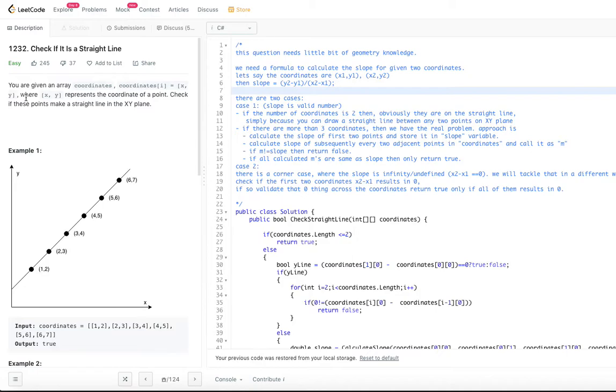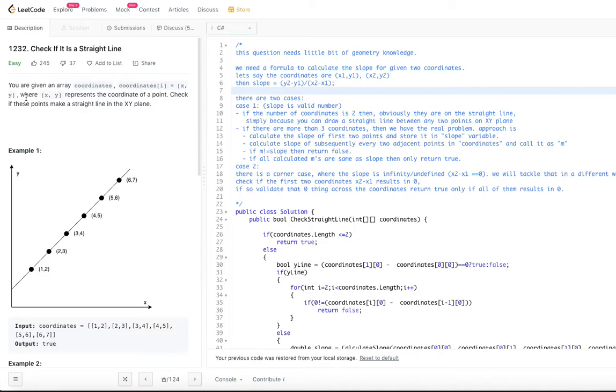This question particularly is not very difficult, but it needs some geometry knowledge, right? Basically, if we are given points on the xy plane, how can we make sure those points will be on a single line? For that, we need some geometry knowledge. The knowledge that we need for this problem is the slope, how to calculate the slope given 2 points. So 2 points are the coordinates x, y.